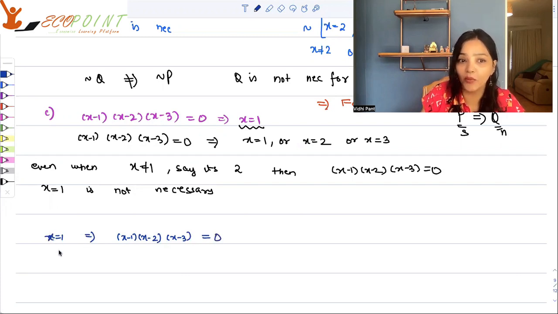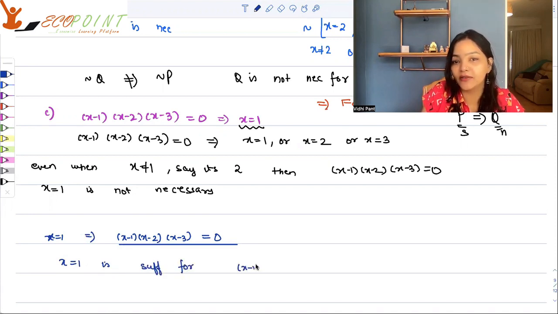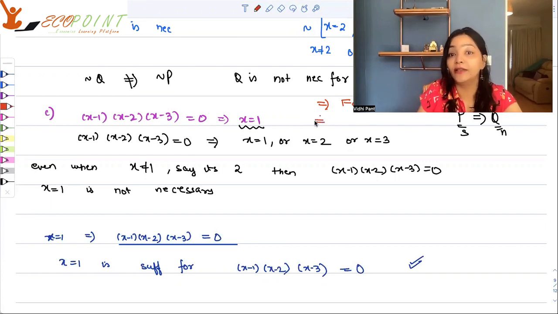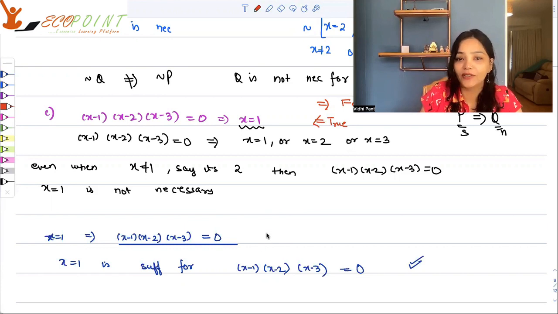Well, yes, the moment I take x equal to 1, it is sufficient for this condition. x equal to 1 is sufficient for x minus 1 into x minus 2 into x minus 3 to be equal to 0. So, well, yes, the converse is true. So this way it is false and the converse way it is true actually. Okay, so this is true.